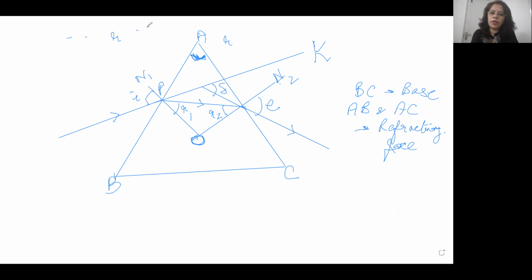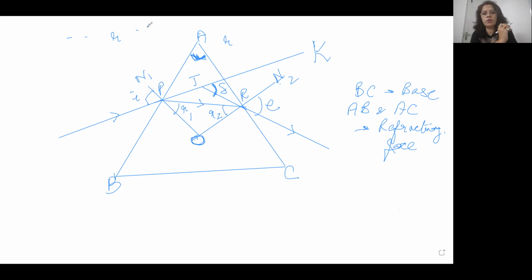Let us name this point R. Now, it shows the second refraction here. Now, if I extend the incident ray till K, and if I extend the final refracted ray backward here, then they would meet at a point, let us name this T. So this angle is called the angle of deviation.